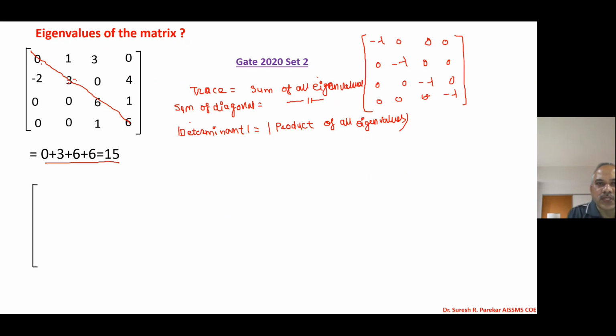So these two are most important. Trace is the sum of all Eigen values and determinant is the product of all Eigen values.